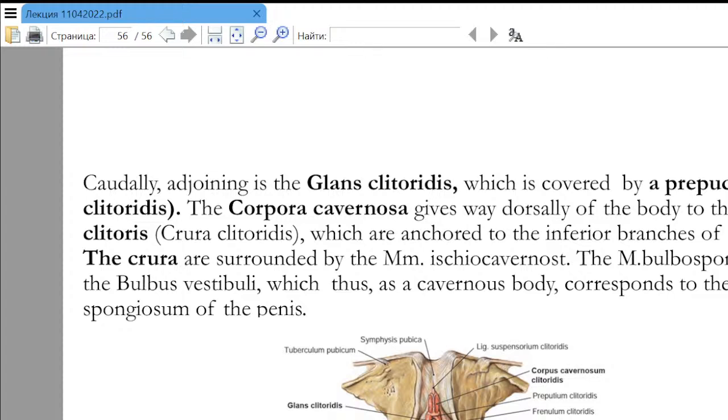The crura are surrounded by the musculus ischiocavernosus, and the musculus bulbospongiosus stabilizes the bulbus vestibuli, which thus, as a cavernous body, corresponds to the corpus spongiosum of the penis.